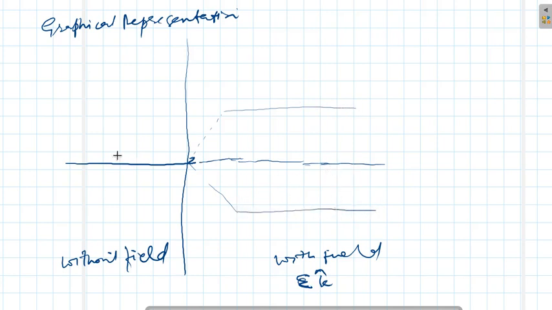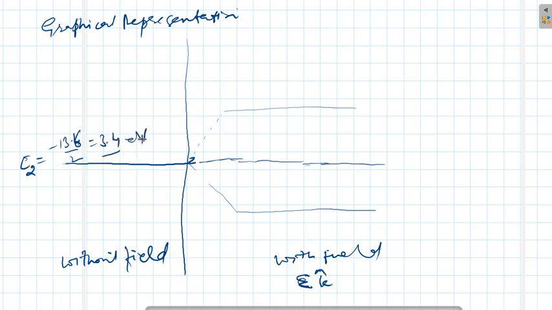And its energy will be the energy corresponding to it. It is E2, which means minus 13.6 upon 2, and it is 3.4. Its value will be 3.4 electron volt.